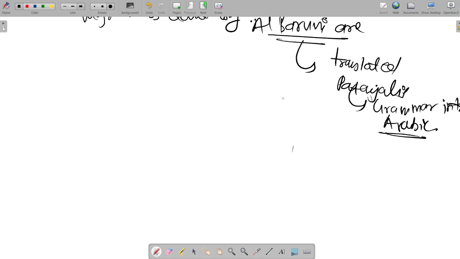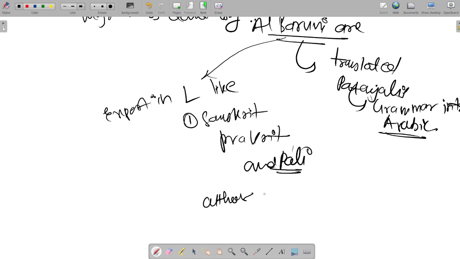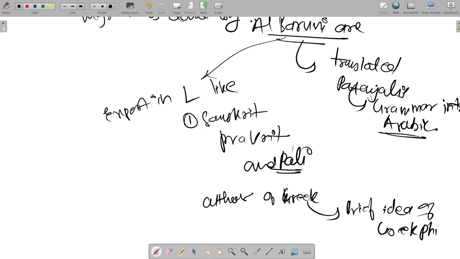Al-Biruni was an expert in languages like Sanskrit, Prakrit, and Pali, etc. Although he did not have knowledge of Greek, he had a brief idea of Greek philosophy, mathematics, etc.